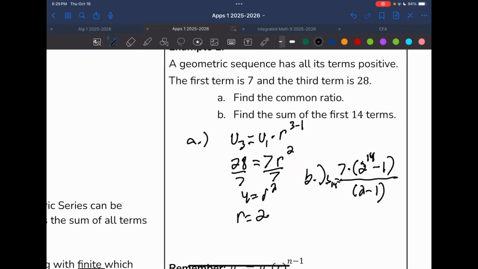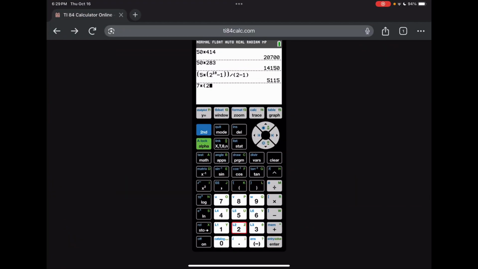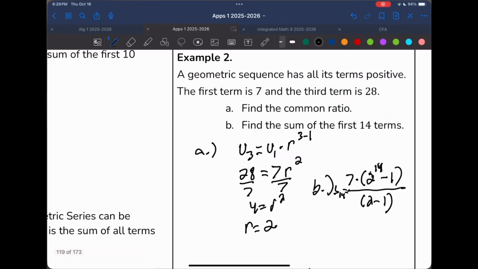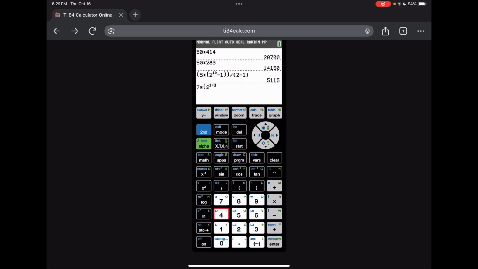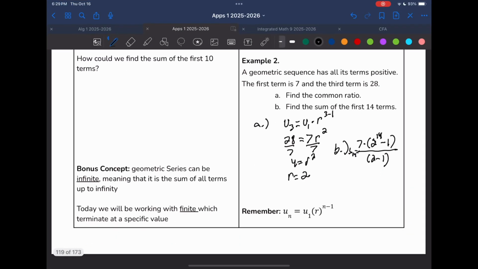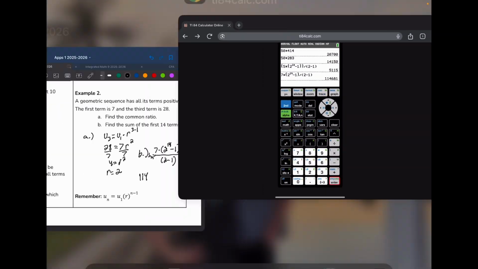That's the sum of the first 14 terms in the sequence. So 7 times 2 to the 14th minus 1, and then all of that divided by 2 minus 1, like that. And we get 114,800.